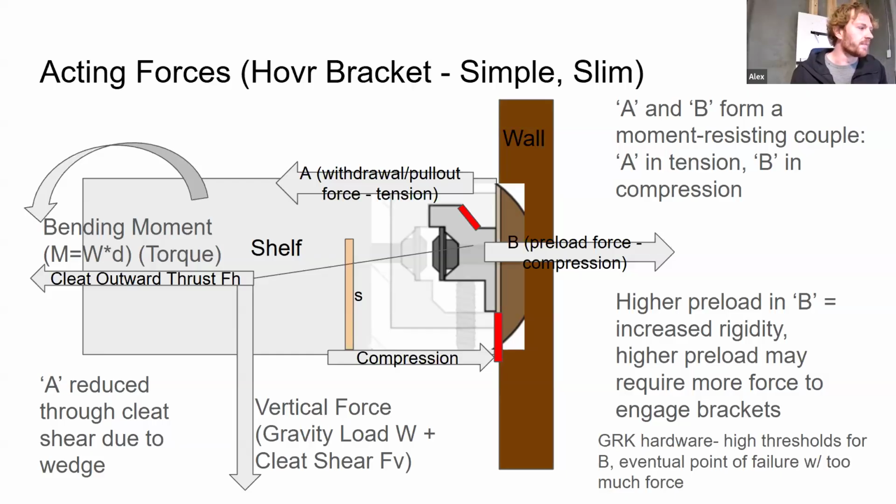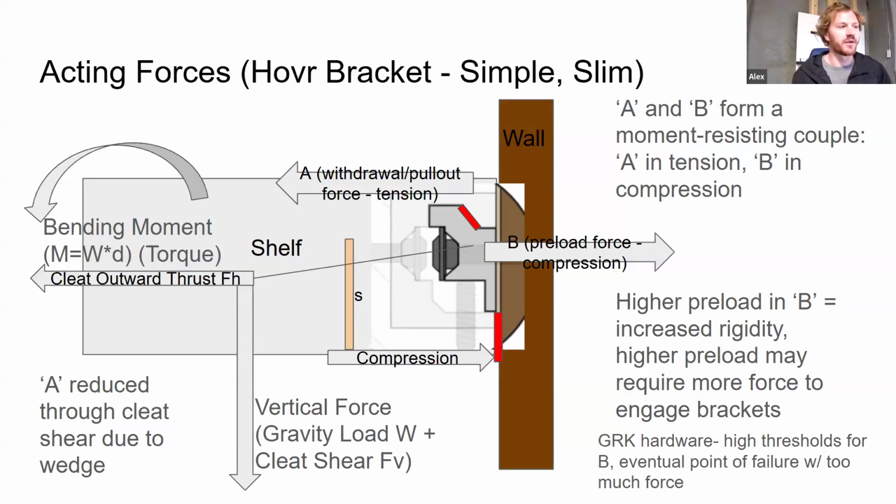But what I wanted to mention here is that because of that compression force and the withdrawal force, the more preload force you have, right? The stronger your male bracket is to the wall, the more rigidity your entire system is going to have, right? So that's something you can adjust there as well.